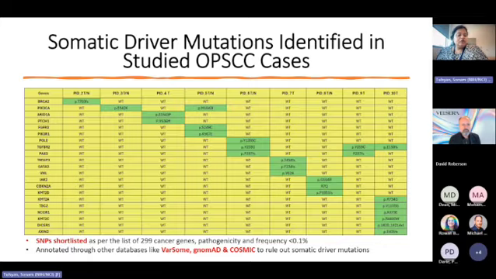These mutations were shortlisted as per the list of 299 cancer genes, pathogenicity criteria, and frequency of less than 0.1%. And these were annotated through several databases like VarSome, gnomAD, and COSMIC to rule out the true somatic driver mutations.